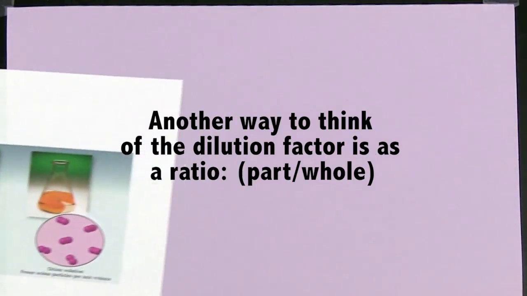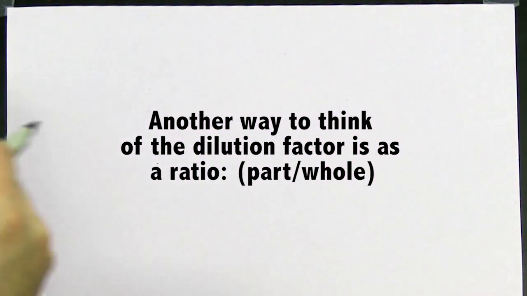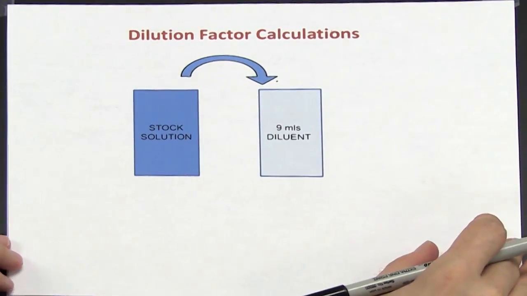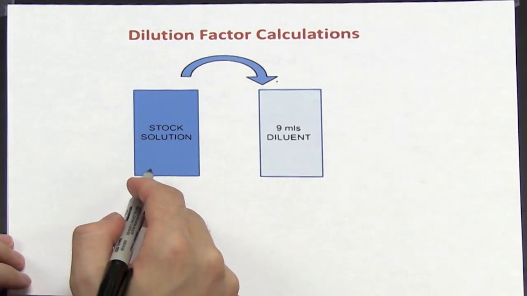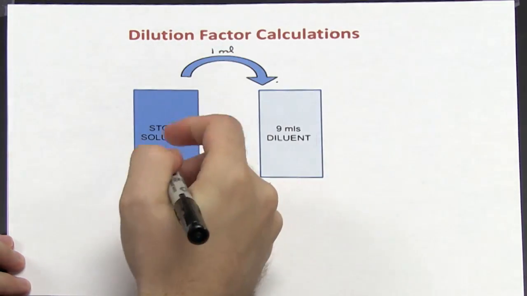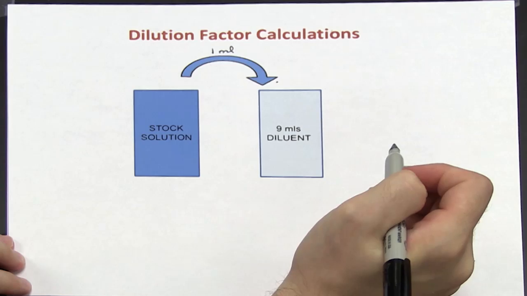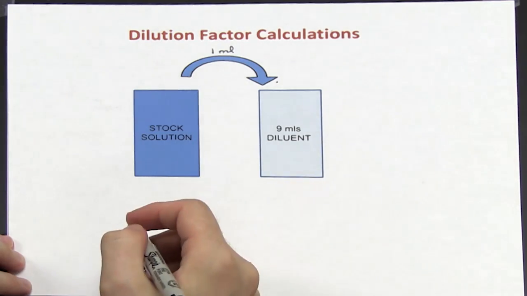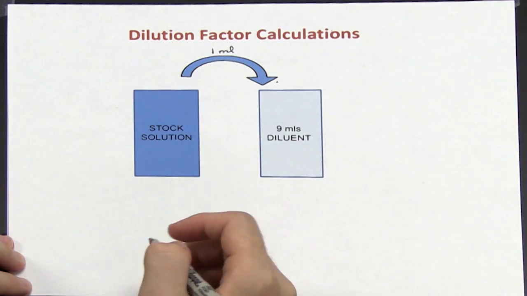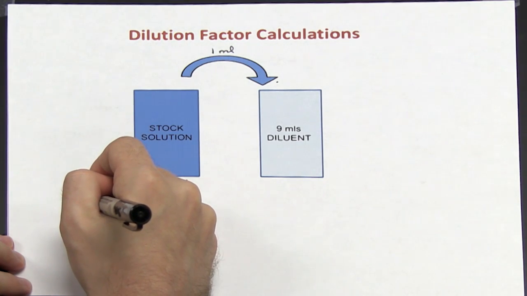So let's look at an example of how we calculate a dilution factor. Okay. So here I have a stock solution, and I want to take out 1 ml of this stock solution and add it to 9 ml of diluent. In order to figure out what type of dilution this will give me, I'll write out my formula for the dilution factor.